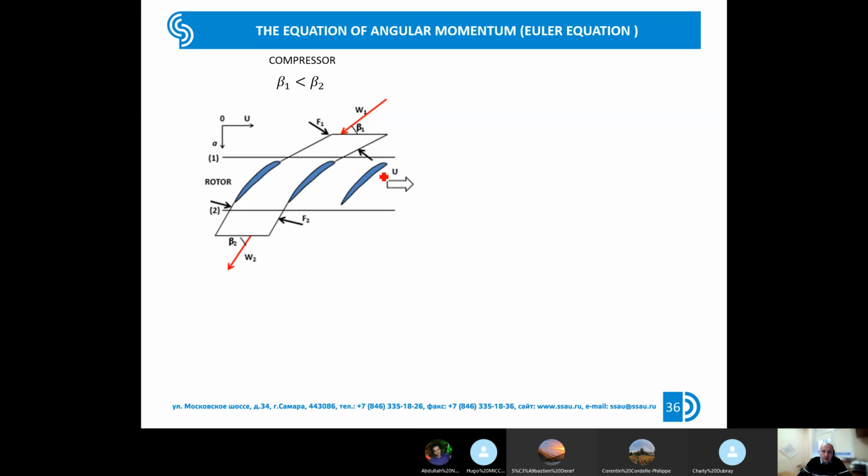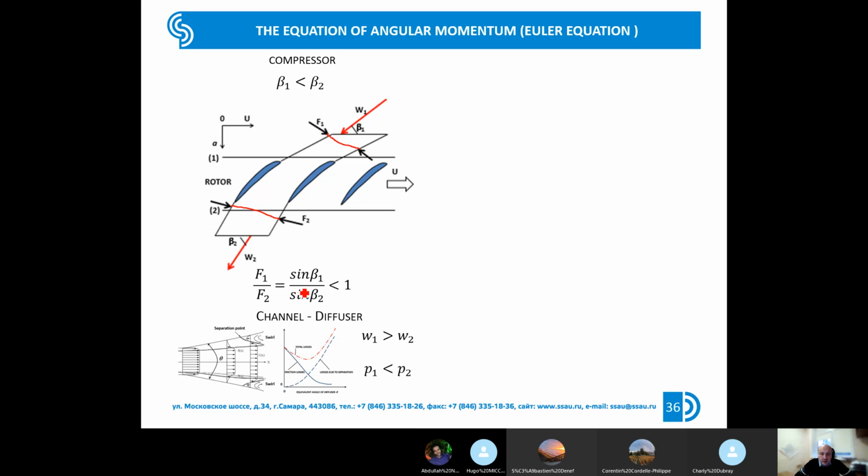If we look at the flow inside the flow channel, we will find that the relationship between the cross-section area at the inlet and at the outlet of the turbomachinery depends on sin beta 1 divided by sin beta 2.